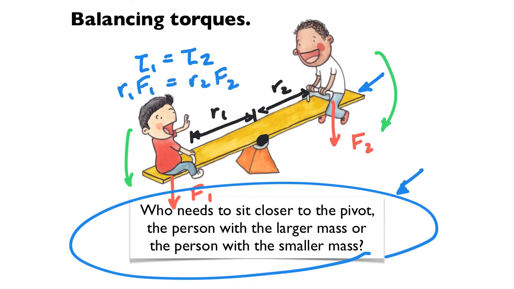By the way, I've stopped writing perpendicular because we're assuming the forces are acting perpendicular, as they typically are. R1 F1 is equal to R2 times F2. If I have a bigger force, I need a smaller distance in order to make things balance. So who sits closer to the pivot? The person with the larger mass.